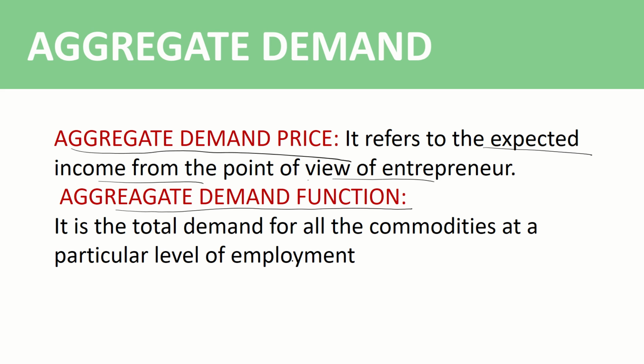The aggregate demand function is the total demand for all the commodities produced at a particular level of employment. What is the aggregate demand schedule? It is a table showing the aggregate demand price at different levels of employment.